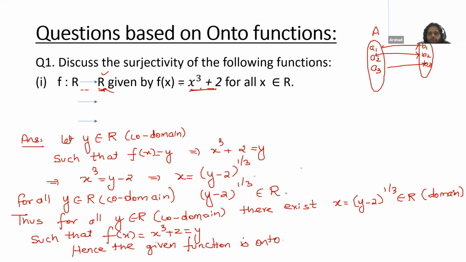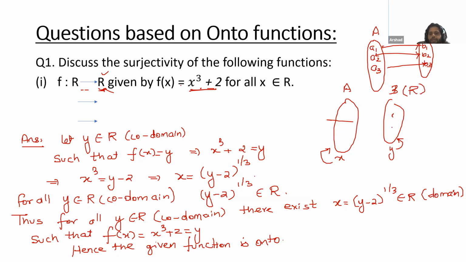I will again explain this, okay? Check here what is meant by this. Suppose we have this set A, we have this set B. Always remember the value of y will lie in the set B and the value of x lies in set A. So in this step we are saying that all y belongs to R, that means all y which are present in this set B. This set B is actually R in this question.